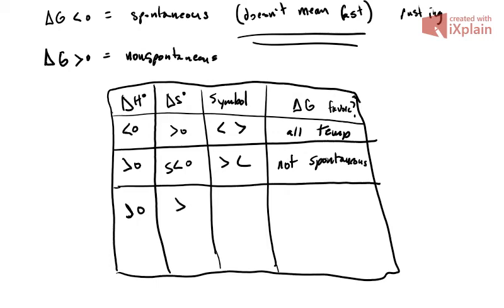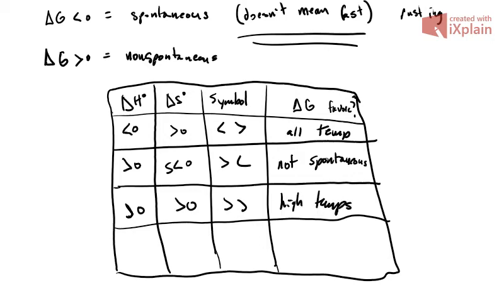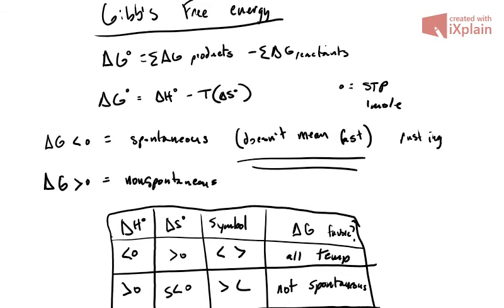So both greater than 0. It depends: only at high temperatures will this be a spontaneous reaction. Both the H and the S are greater than 0, so they're positive.